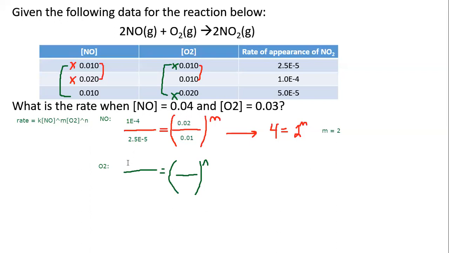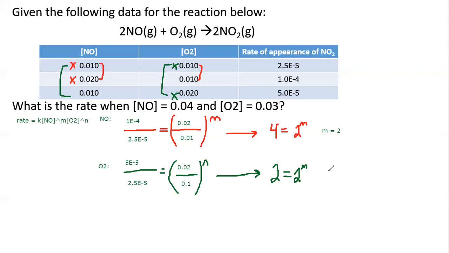So again, I like to put the bigger one on top. So now this simplifies to 2 equals 2 to the n.